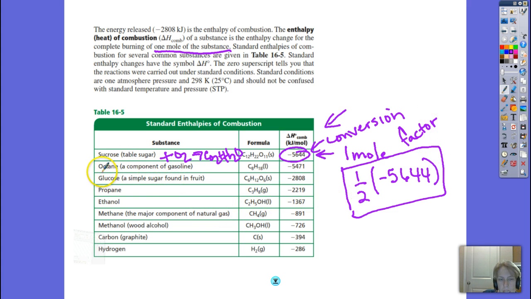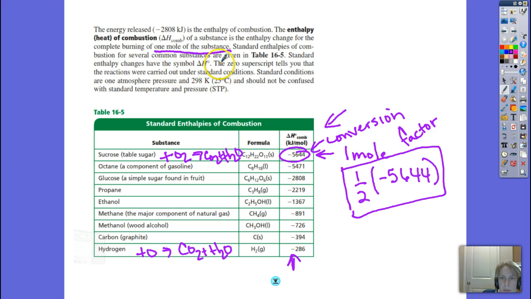And you can see we have octane, burning of glucose, propane, ethanol, methane, methanol, carbon, hydrogen. So these would all be plus oxygen, and I think most would give us CO2 and H2O. And these are all exothermic reactions because they are all negative.